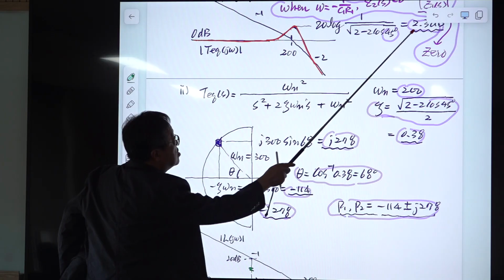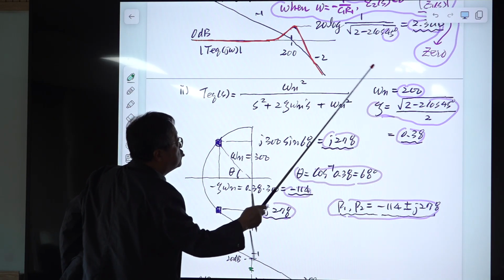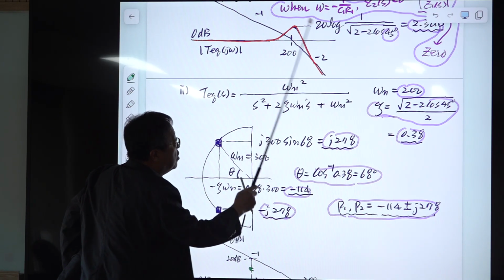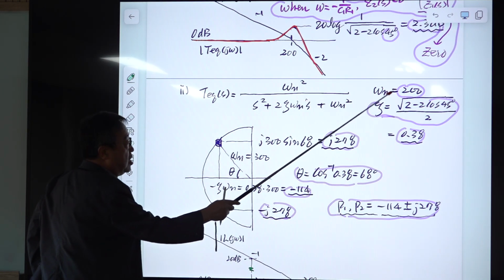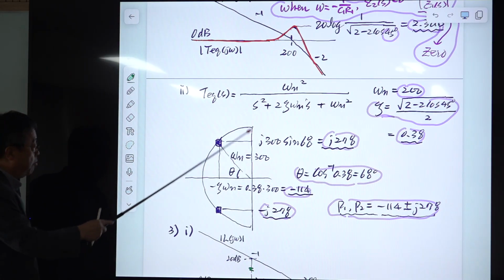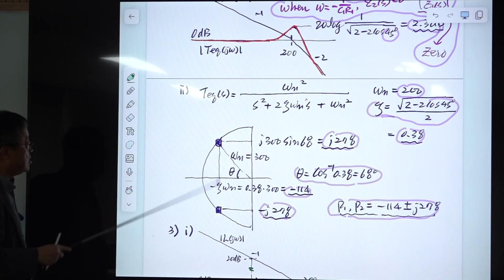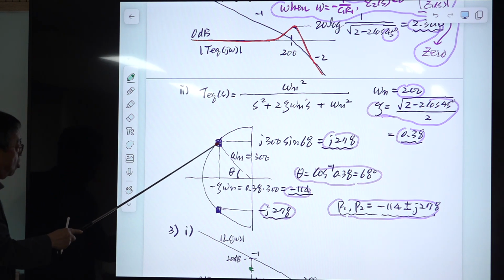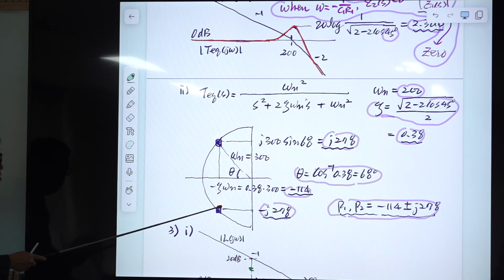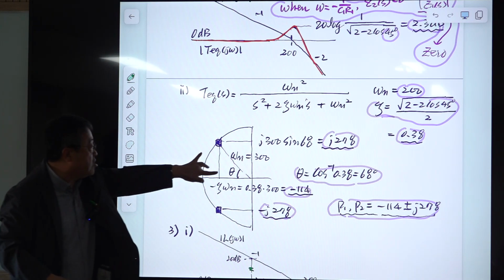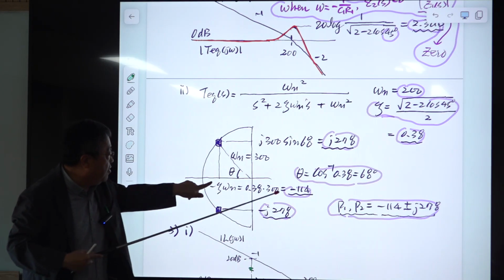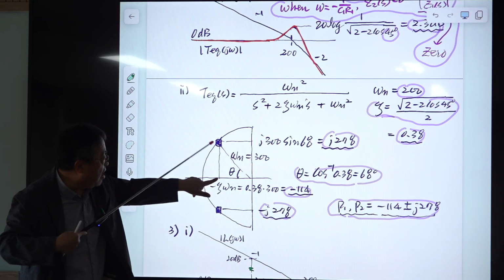So actually this is 20 log 1 over 2 zeta, and you get two expressions and solve them. You have this, so you know this, and this is the pole plot of the second order system. One is this, and the complex conjugate of this is here. This is omega n, the radius of this semicircle, and this axis is actually cosine.